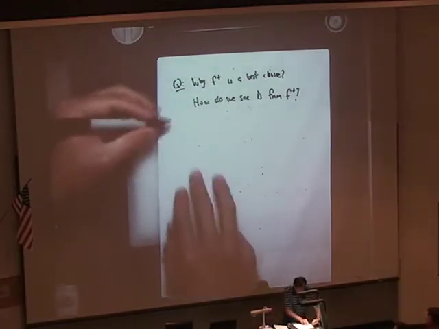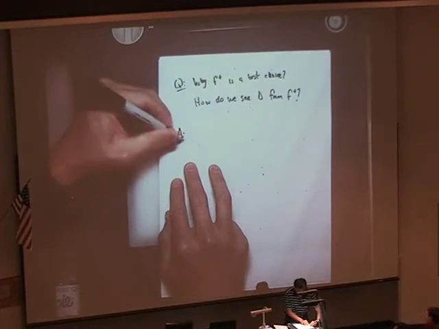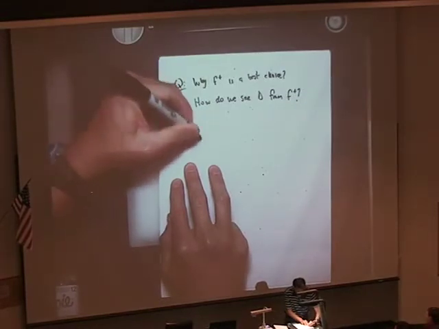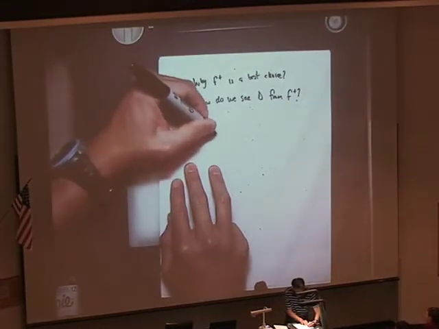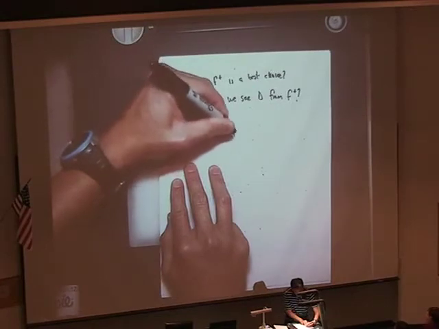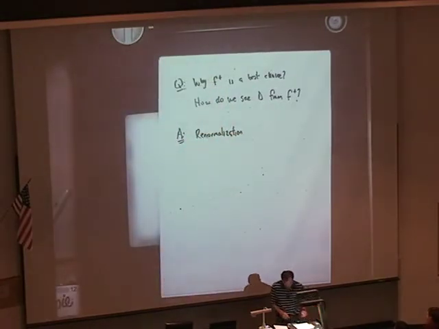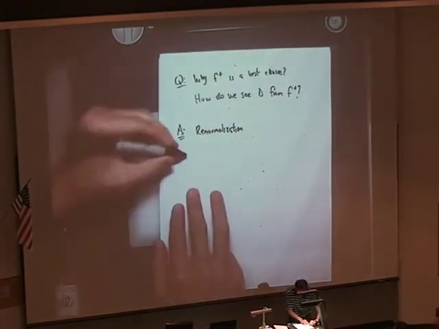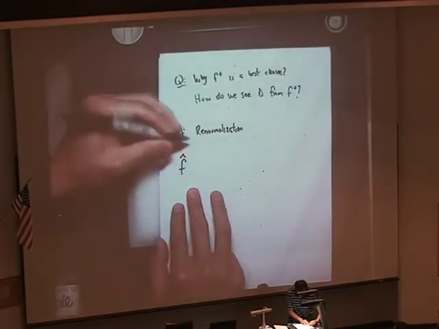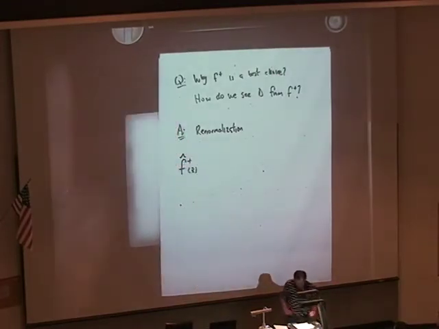All right, so this is how you can fix this. This is a principle of renormalization. So let's renormalize. What I'd like to do is renormalize F plus as follows.